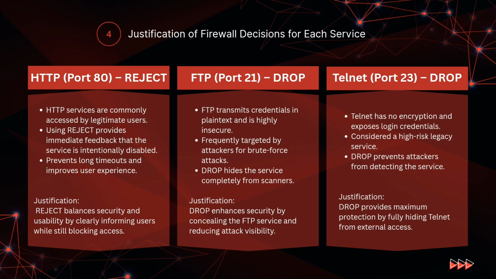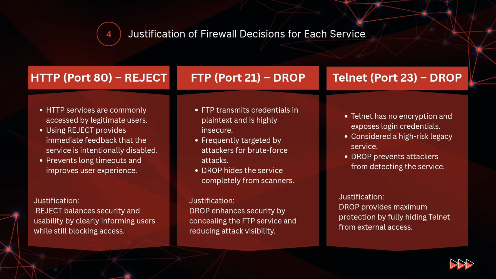Number 2, for FTP on port 21, we applied drop. FTP is an insecure protocol because it sends credentials in plain text and is often targeted by attackers. Using drop will hide the service completely and reduce exposure to scanning and brute force attacks. Number 3, for Telnet on port 23, we also applied drop.